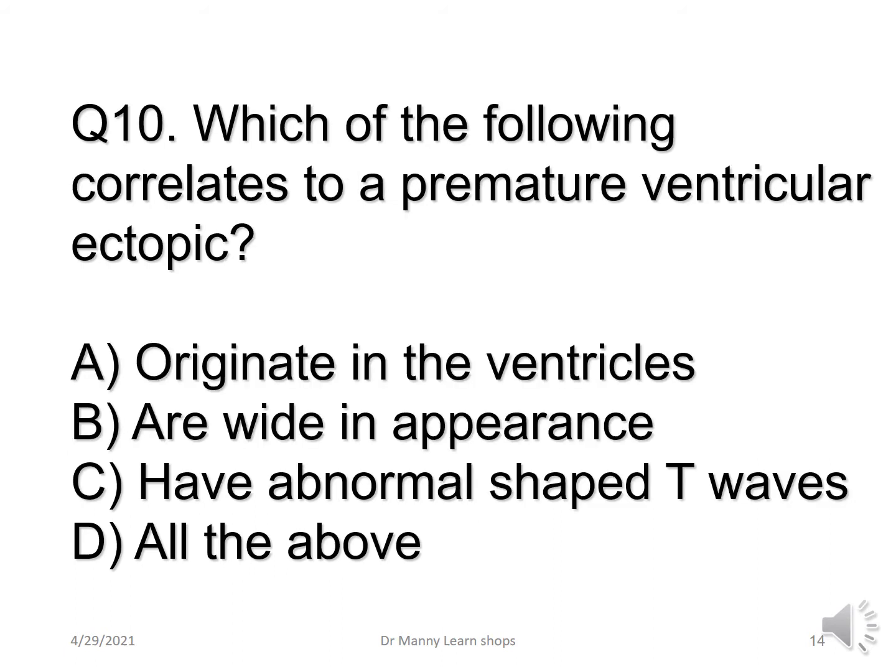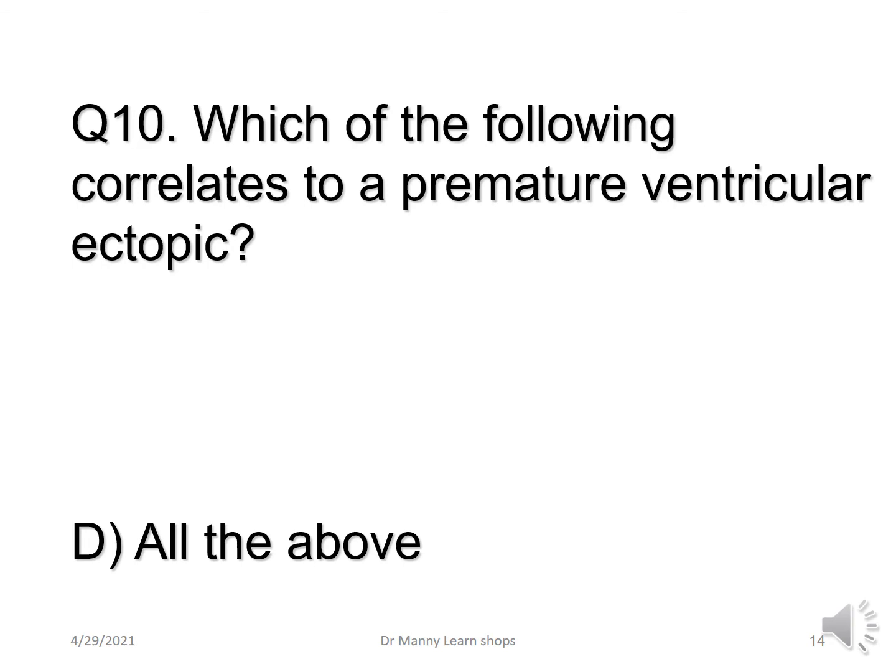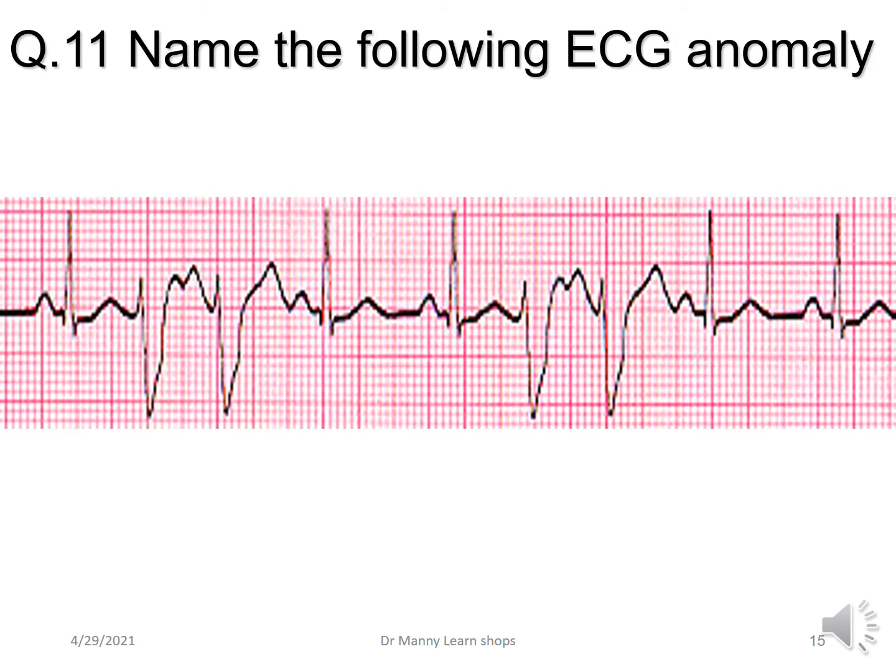Which of the following then correlates to a premature ventricular ectopic contraction complex? A, B, C, or D? The correct answer is D. All relate to PVCs.